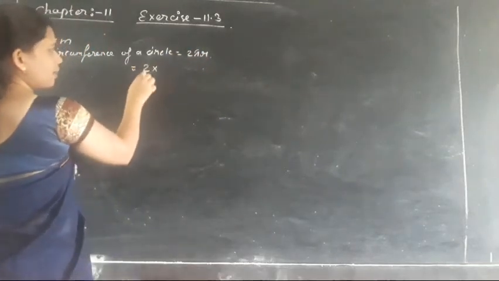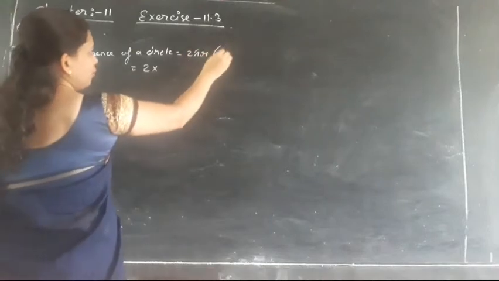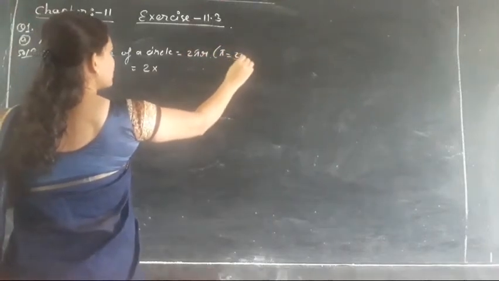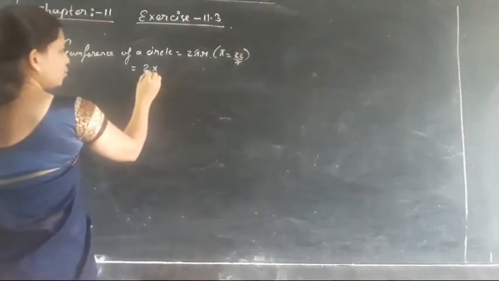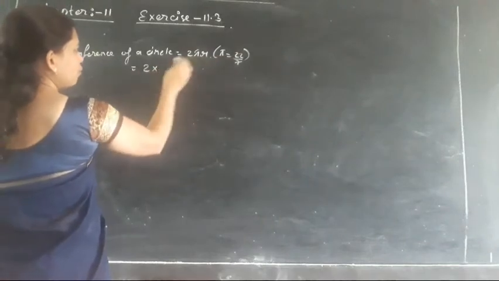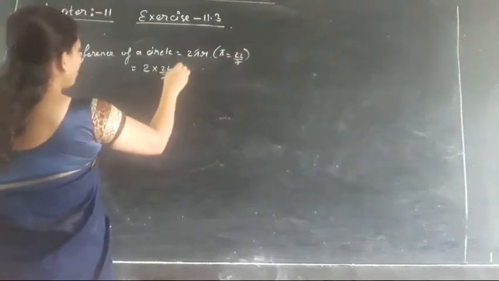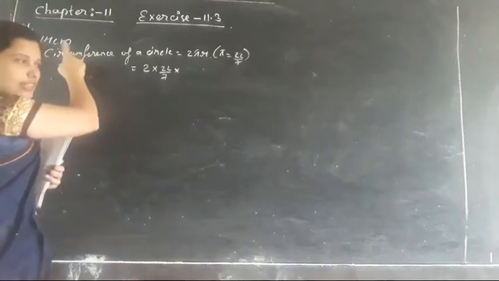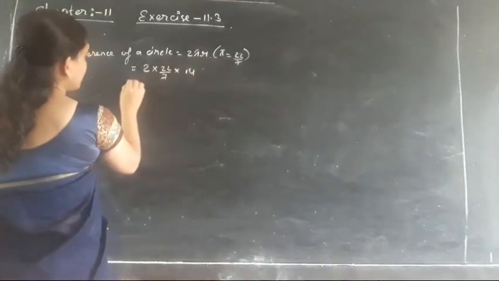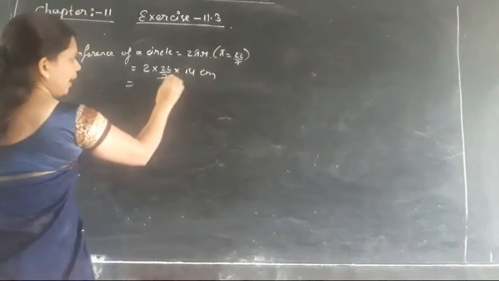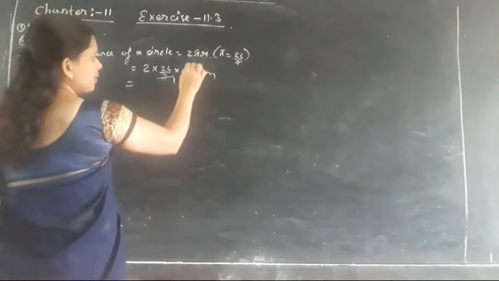So 2 comes from the formula. Pi value we have to take as 22/7. It is given in the question. So 2 into 22/7 into r value, which comes from the question, that is 14 centimeter. Now, 7 ones are 7, 7 twos are 14.